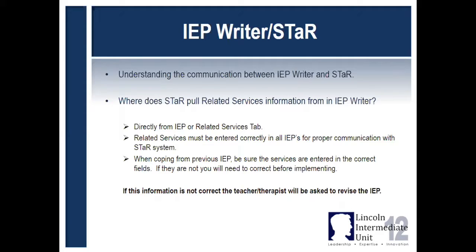Related services must be entered correctly in all IEPs for proper communication with the STAR system. When copying from a previous IEP, please be sure that the services are entered in the correct fields. If they are not, you will need to correct before implementing.